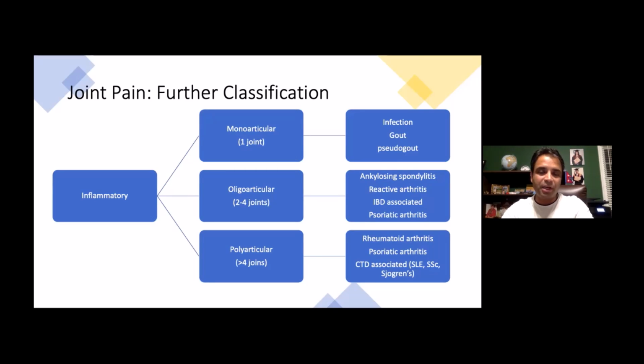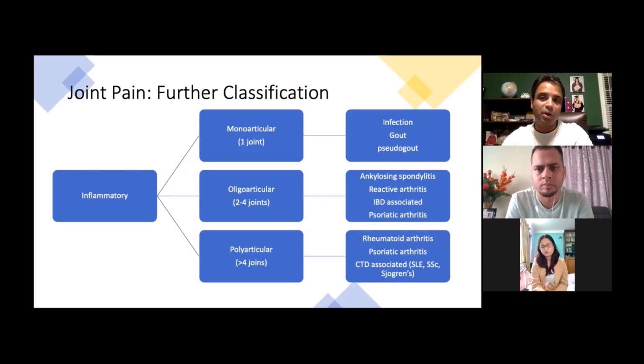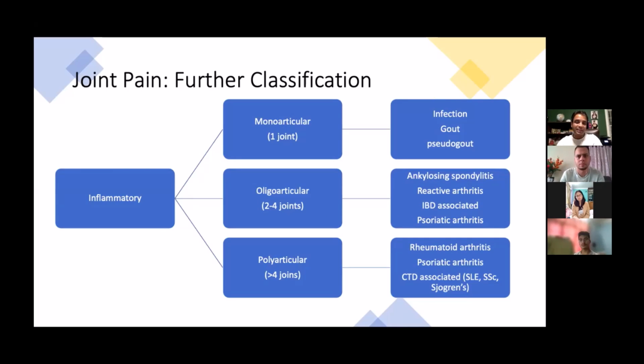In later topics, we'll discuss individual conditions, but these are basically the three most common causes of monoarticular inflammatory arthritis. The second category is called oligoarthritis. Typically, 2 to 4 joints are involved, and the common causes include ankylosing spondylitis, reactive arthritis, IBD-associated arthritis, and psoriatic arthritis.